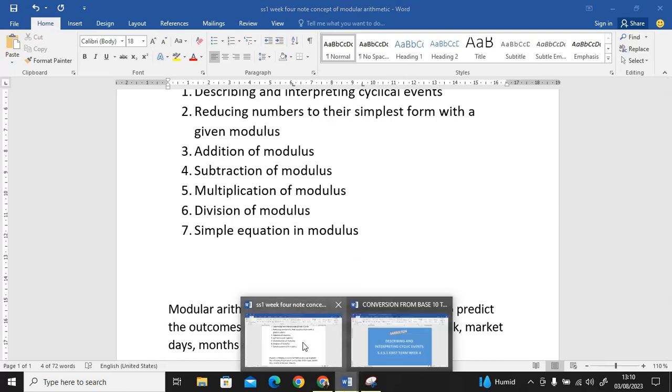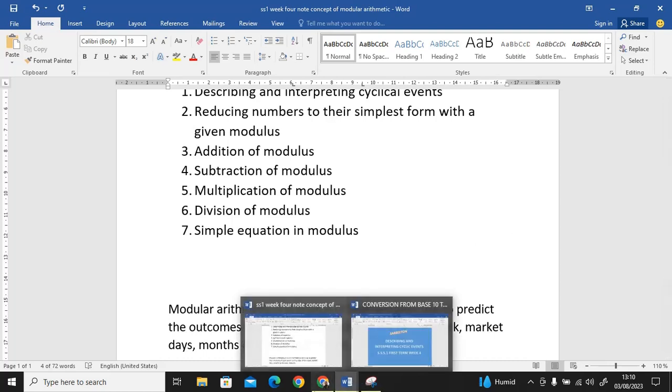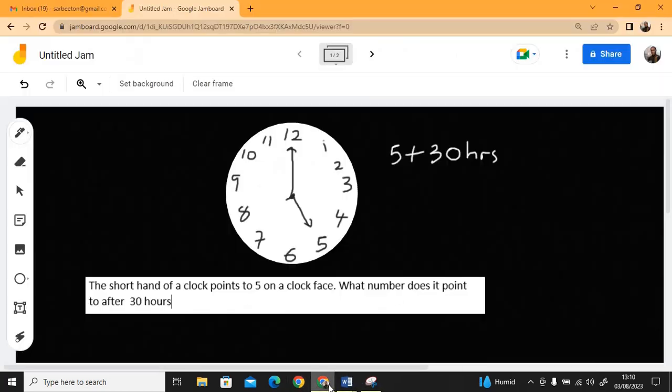Now the first rule states that in a cyclic pattern, when adding numbers, you must count in a clockwise direction. It means when you are adding numbers in cyclic modulus, you have to go like this, in clockwise direction.